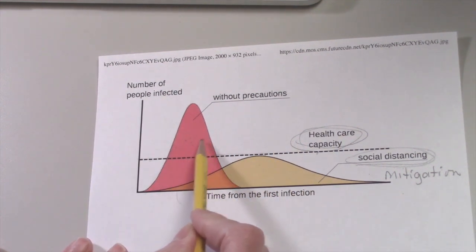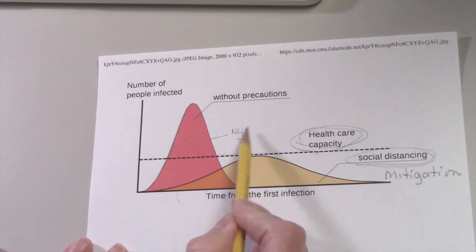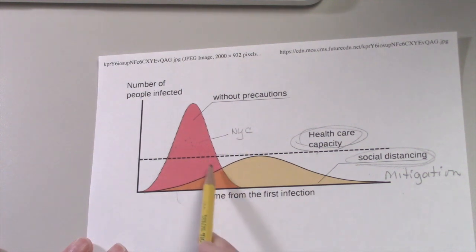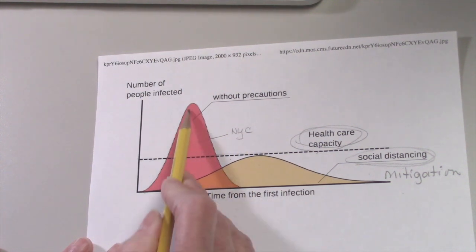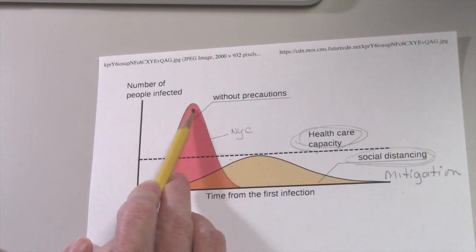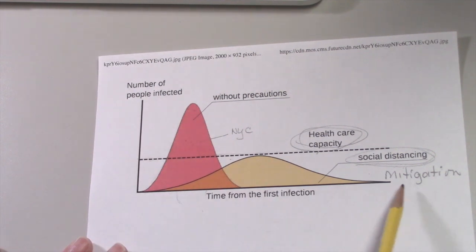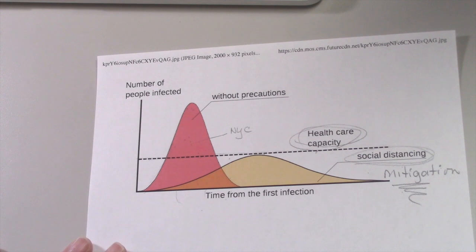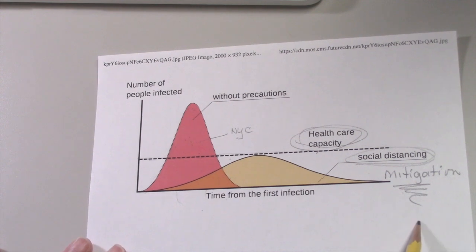So in New York City, we probably got a little bit above where we wanted to, but we didn't certainly go to there. And the only reason we did not get to there was because people took responsibility and did the social distancing.